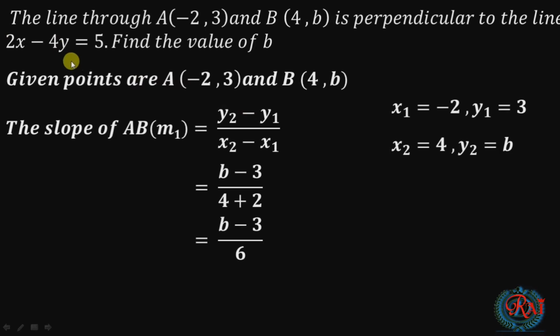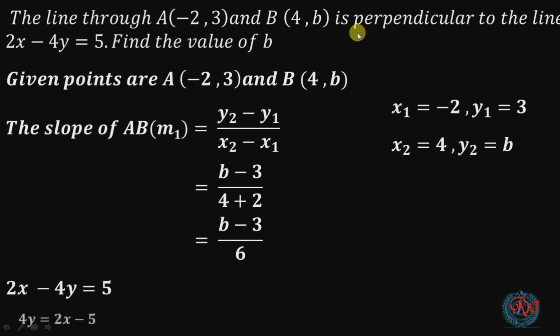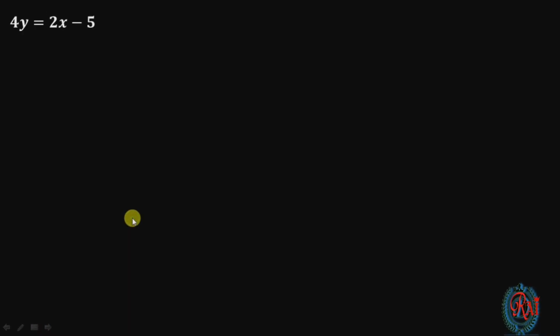Now we will find the slope of 2x minus 4y is equal to 5. So given equation 2x minus 4y is equal to 5, this equation we will convert in the form of y is equal to mx plus c. So when plus 4y goes this side, it becomes minus 4y; when minus 4y goes this side, it becomes plus 4y is equal to 2x. When plus 5 comes this side, it becomes minus 5.